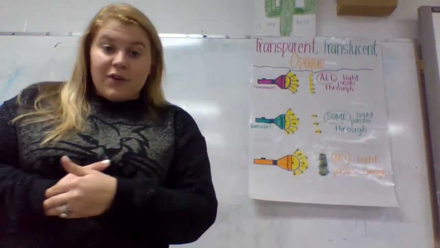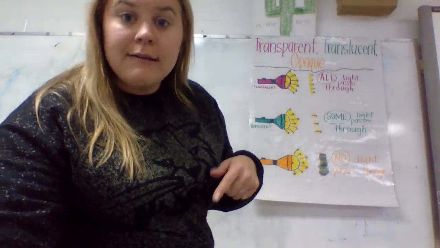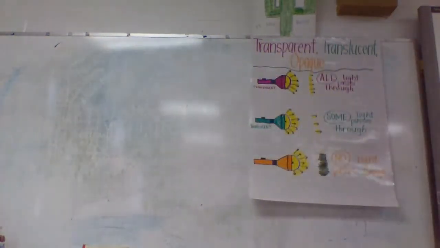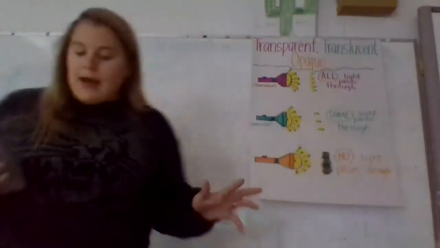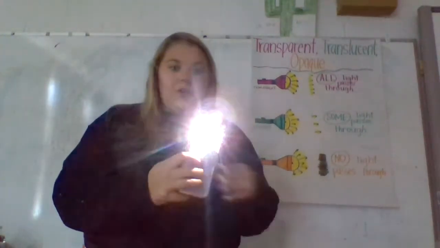So we're going to look at some different objects. I'm going to turn the lights off and use the flashlight on my phone, and we're going to look at some objects that might be translucent, transparent, or opaque. It's not going to get super dark in here, but you see I've got the flashlight on my phone.